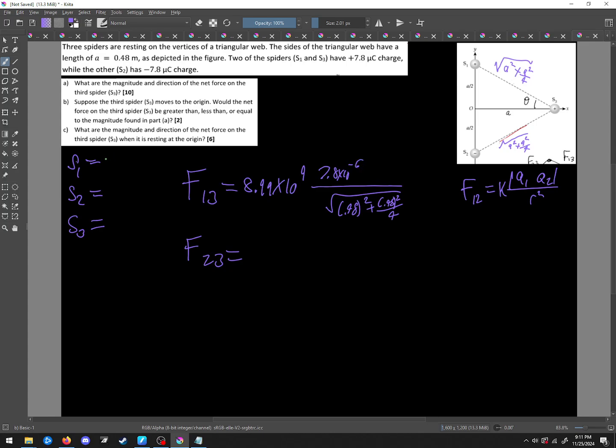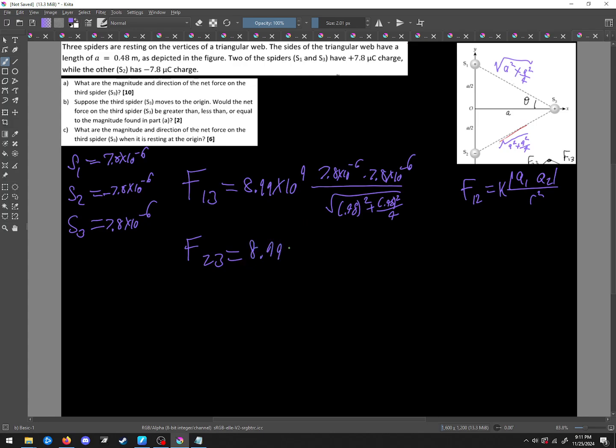So let's write these down. This is going to be 7.8 times 10 to the negative 6. This is going to be negative 7.8 times 10 to the negative 6. This is going to be 7.8 times 10 to the negative 6. So let's multiply this, and this should give us F13.